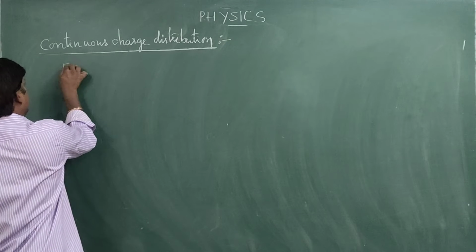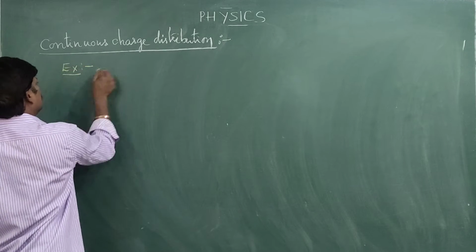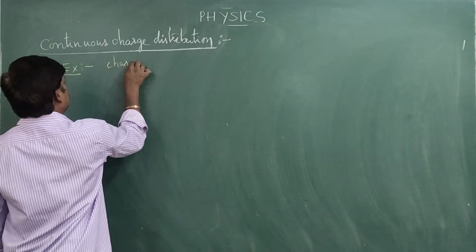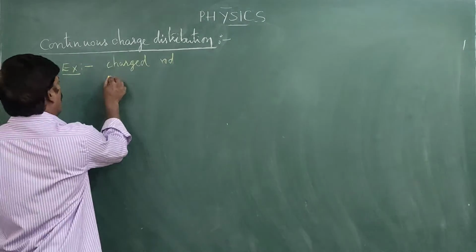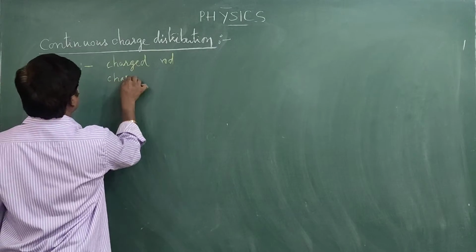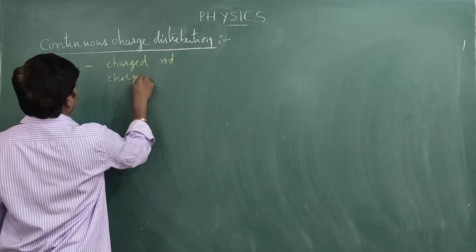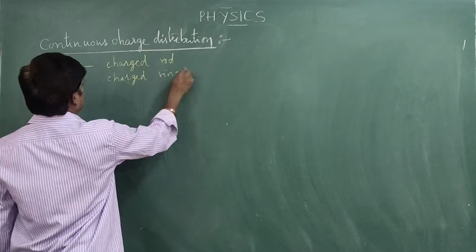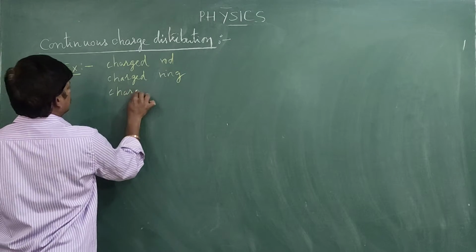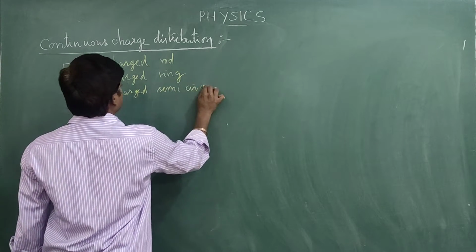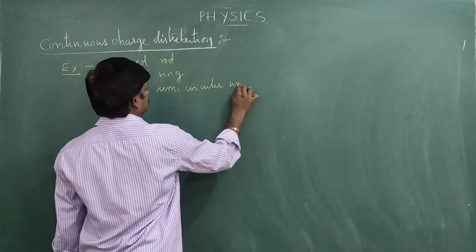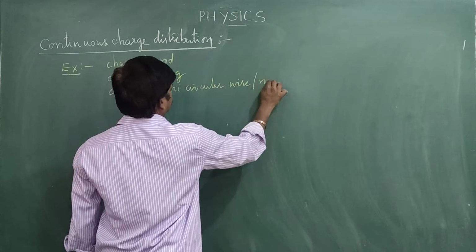Let us take some examples first. Charged rod, that is one example. Charged ring. Charged semicircular wire or rod.